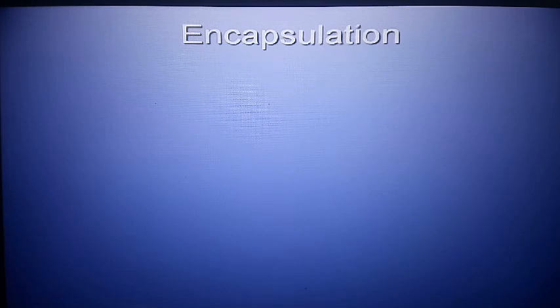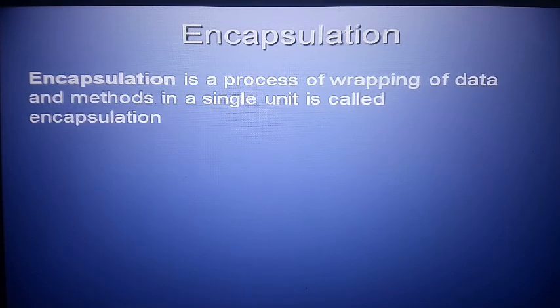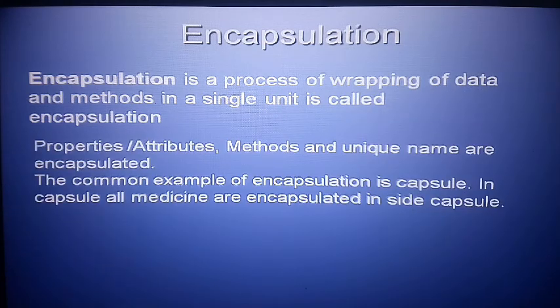Encapsulation. I already explained encapsulation in the first chapter, but here is the right definition: encapsulation is the process of wrapping data and methods in a single unit. Here the properties, attributes, and methods are encapsulated.